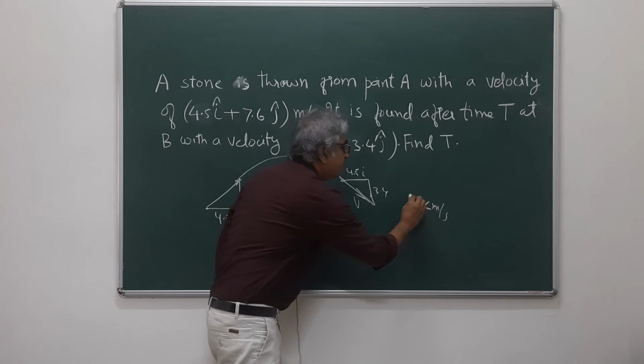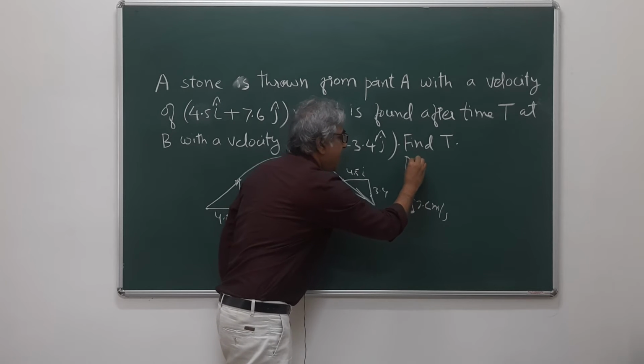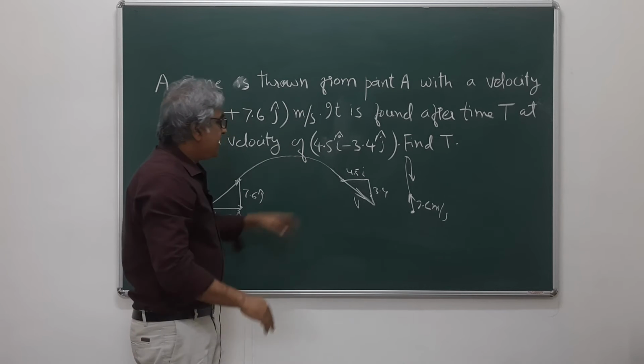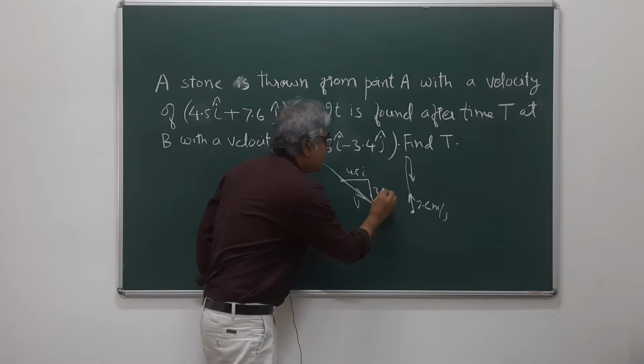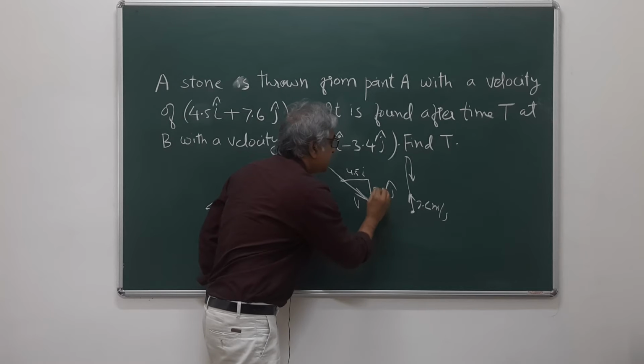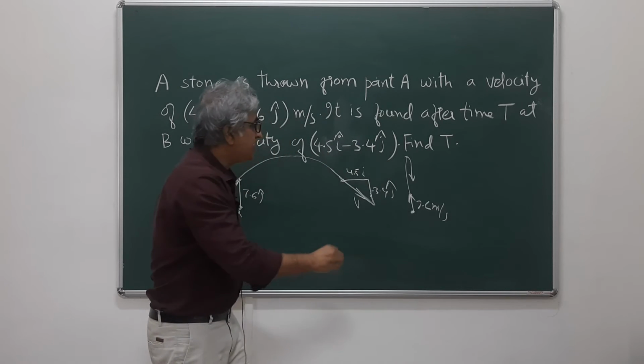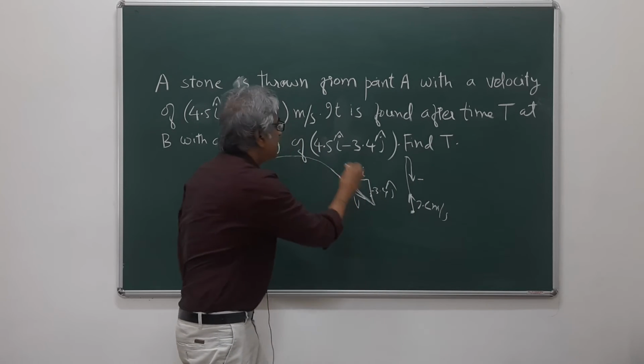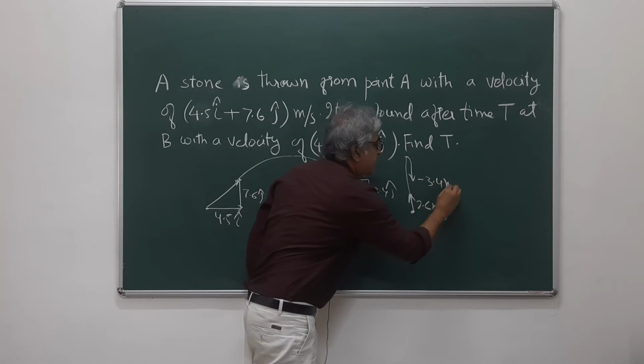This stone will move up, reach somewhere, and will travel back down. When it is traveling down, its velocity is now 3.4 j in this direction, so it's minus in this direction. That means this velocity now is minus 3.4 meters per second.